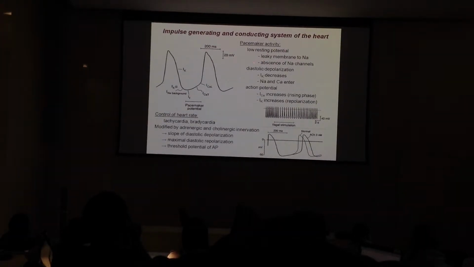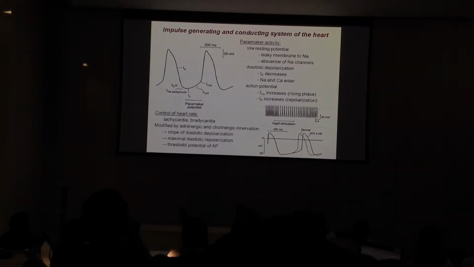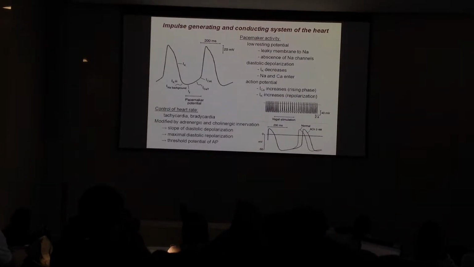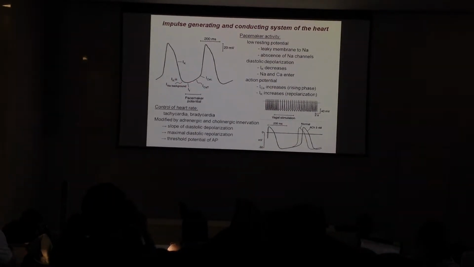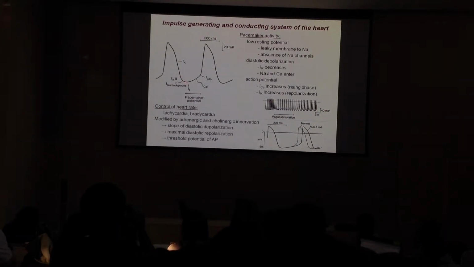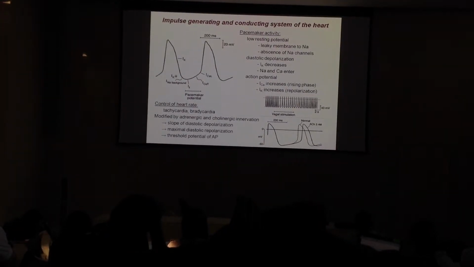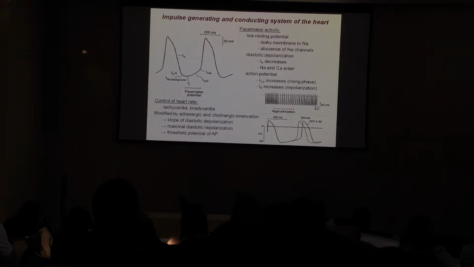And the other important feature of the membrane is that we do not find fast, voltage-dependent sodium channels which are responsible for the very fast action potentials in neural structures and in the skeletal muscle membrane. Okay, so this is the reason that this membrane potential is so low. The next part is the diastolic depolarization from the most negative value up to the beginning of a little bit faster rising phase.